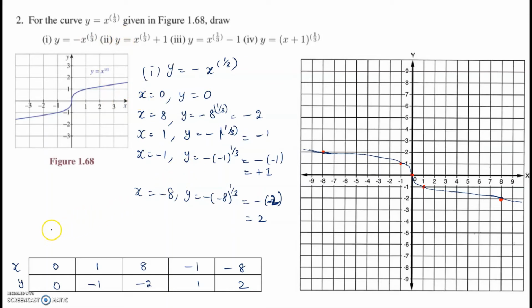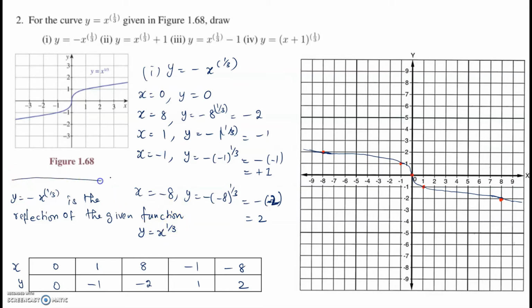So we can say that y is equal to minus x to the power 1 by 3 is the reflection of the given function y is equal to x to the power 1 by 3. This is the conclusion.